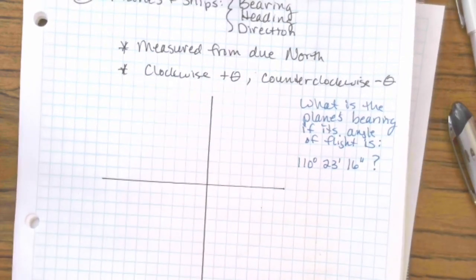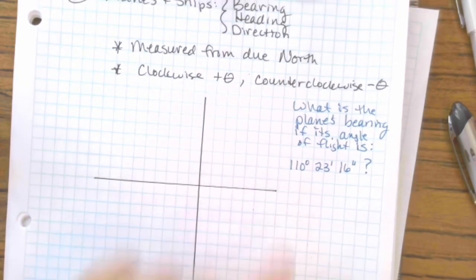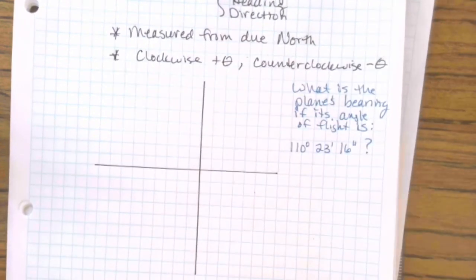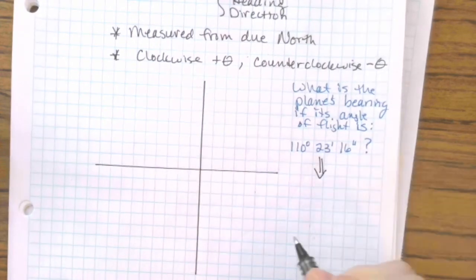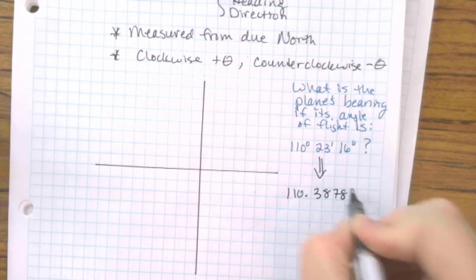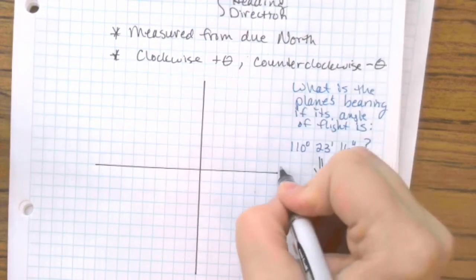All right, and you want to know what its bearing is. Okay, so first thing you'd want to do is convert that to a decimal form that you can actually work with. We just went over that, so I'm not going to do it again. But you'd convert it. It ends up being 110.3878 degrees.